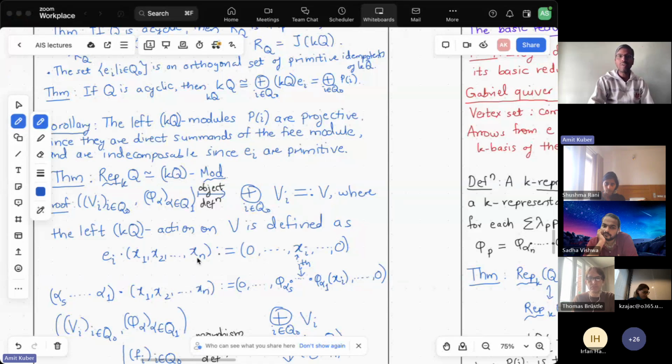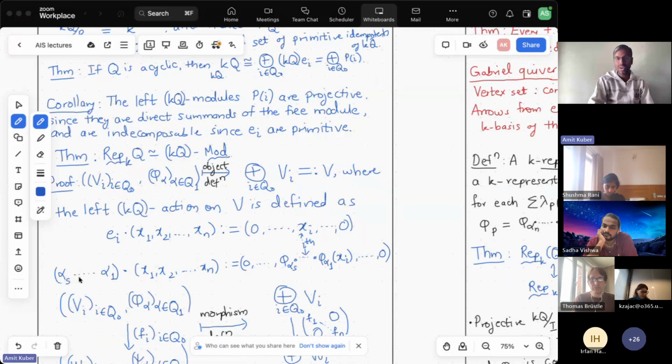And if you have a path α_s α_{s-1} up to α_1 of non-zero length, then, if you know that α_1 starts at i, its source is i, you apply the composition φ_{α_s} composed with φ_{α_{s-1}} up to φ_{α_1}.